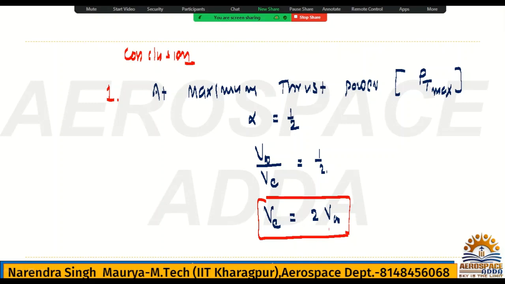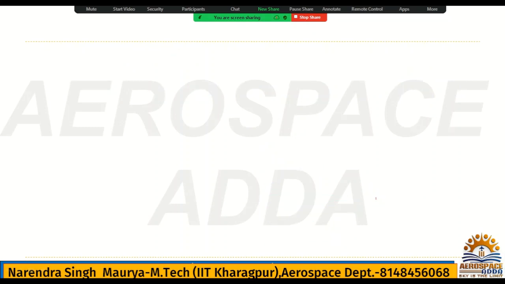This is the GATE question. They have asked this value: when you get maximum thrust power, the exit velocity is equal to 2 times the aircraft velocity, right?